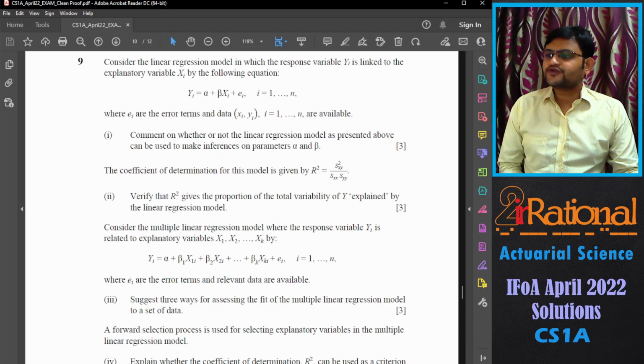And we have the coefficient of determination for this model given by r square, which equals s square xy upon sxx syy. Verify that r square gives the proportion of the total variability of y explained by the linear regression model.